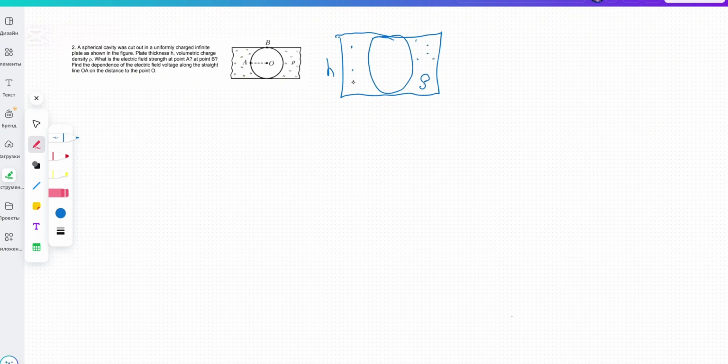We have here charge, and a spherical cavity is cut out from this plate, so that means there is a region without charge in the middle of the plate.